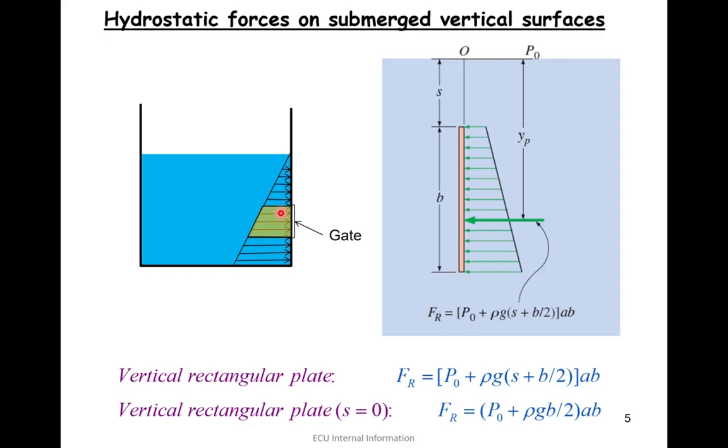Obviously, what we are after is the resultant force. To work out the resultant force for these surfaces, we need to know the centroid of the surface. If it is rectangular or a square, we know what the centroid is. If it is circular, we know. If it is a triangle, we can work out the centroid.